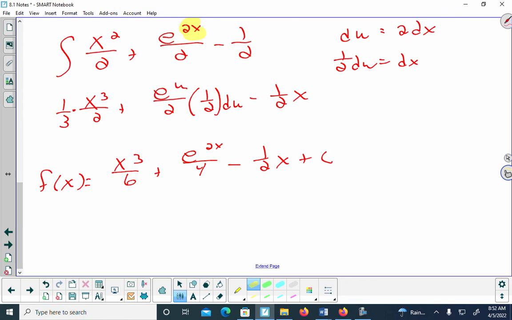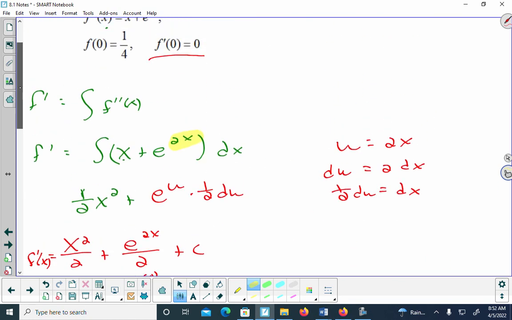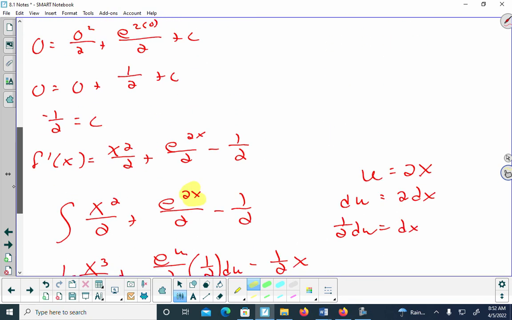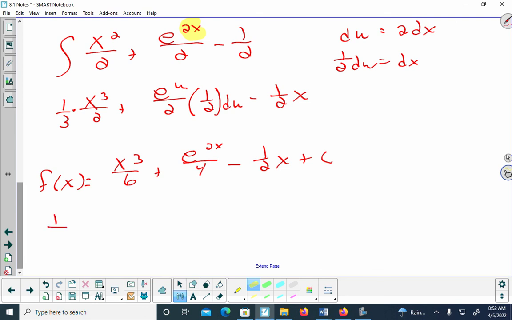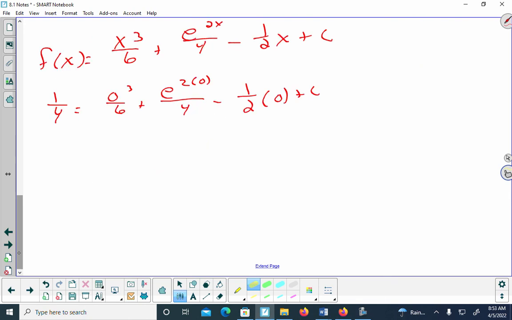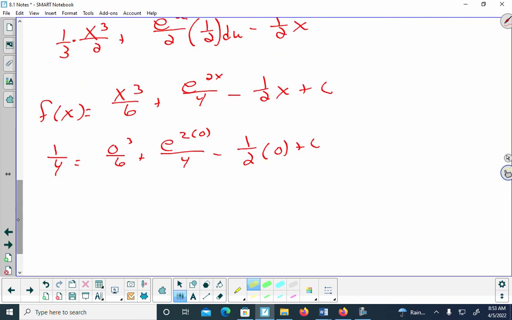Then it tells me that when x is equal to 0, f is equal to 1/4. So I substitute 0 in for x, put 1/4 in for the y. So I'm going to have 1/4 equals, this will be 0, e to the 0 power is 1, so this will be 1/4 plus 0 plus c.